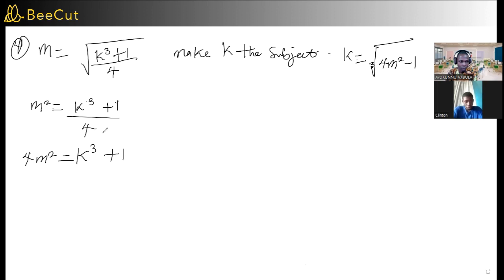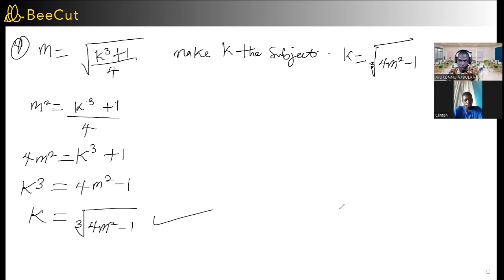Then I take 1 to the other side, so I have K cubed equals 4M squared minus 1. I find the cube root. That is very good. That's correct.